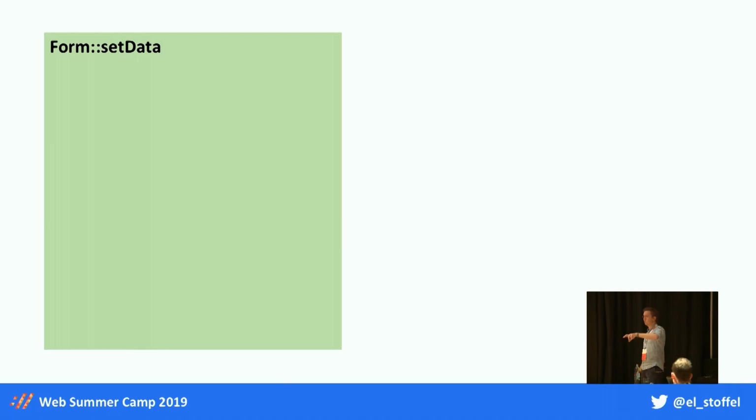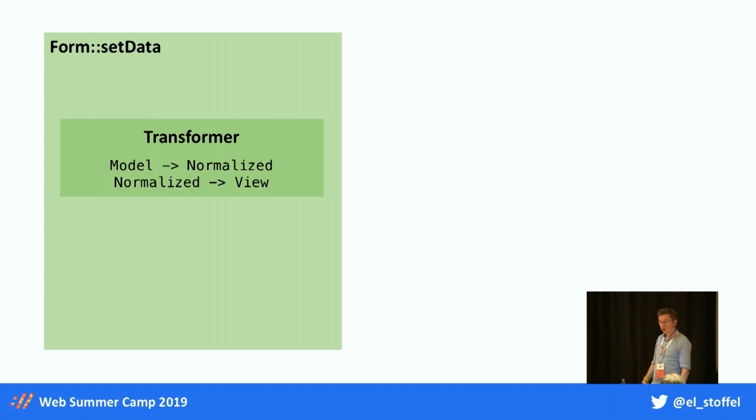If we have a look at the setData method, which is writing existing data to the form, right? Which is then used in the form fields in the view. We have the transformers, we saw them. They convert model data to view data.